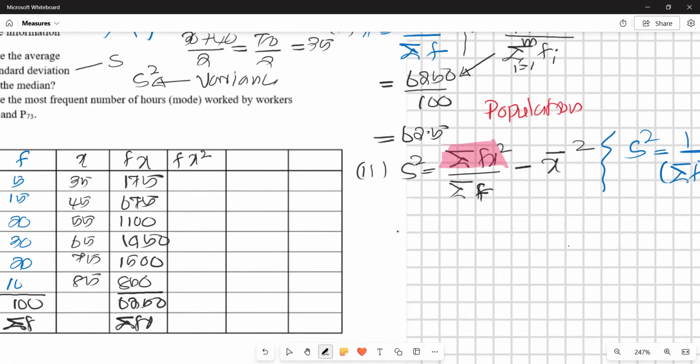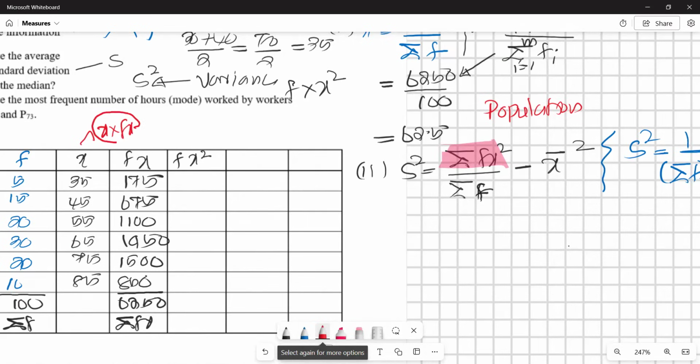Some people do f into x². For that, we have to form x² also. But x is there, fx is there. Multiply these two, you get x into fx. That will provide fx².